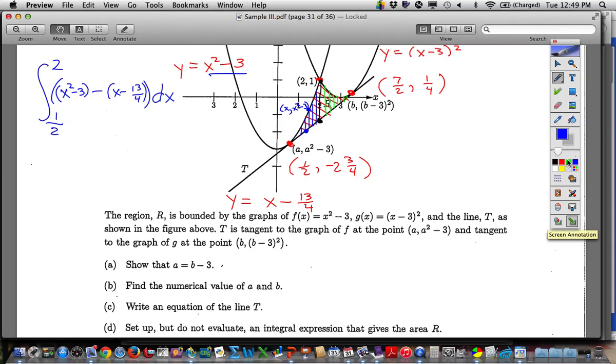Okay, so let's do the yellow section. It would be the integral from 2 to 7 halves, since these fill the space from 2 to 7 halves, and then the top parabola, which is (x minus 3) squared, the top y value, minus the bottom y value, which is a line, x minus 13/4.